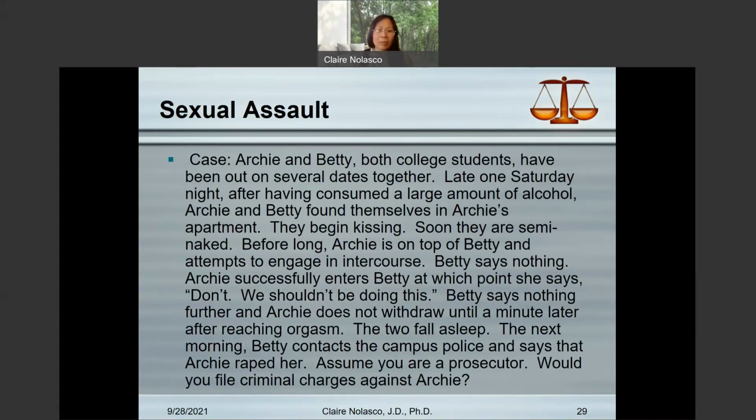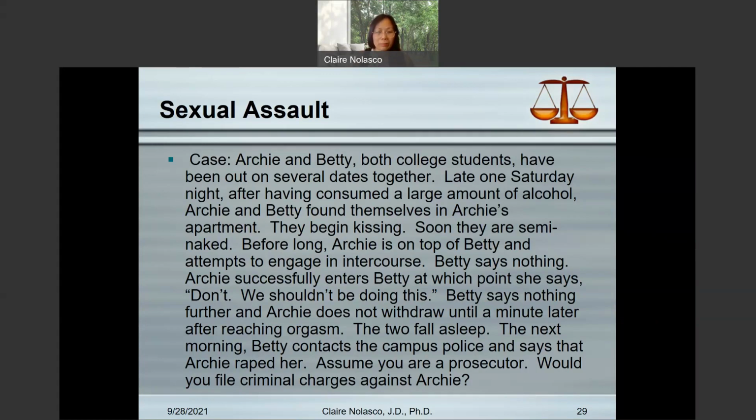They begin kissing. Soon they are semi-naked. Before long, Archie is on top of Betty and attempts to engage in intercourse. Betty says nothing. Archie successfully enters Betty, at which point she says, "Don't, we shouldn't be doing this." Betty says nothing further, and Archie does not withdraw until a minute later after reaching orgasm.